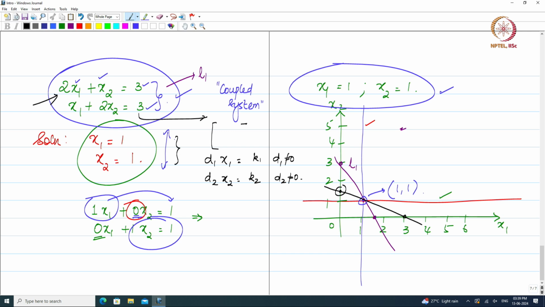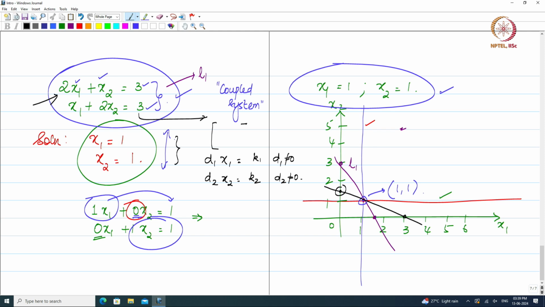That means you basically want lines which are parallel to the x axis, parallel to the reference axis. And it is interesting, you will see in a later lecture that such systems of equations wherein the solution space is the same, you call them equivalent systems.